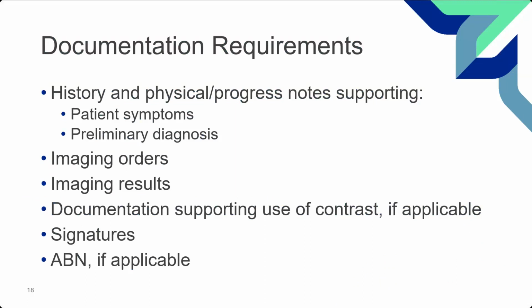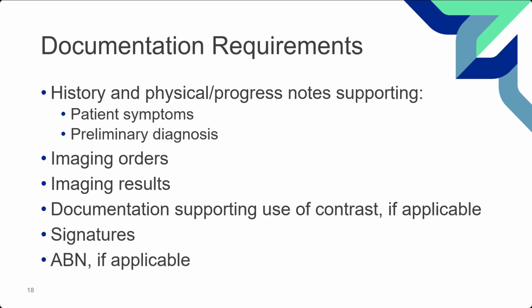This slide contains an overall list of the documentation that is going to help support the medical necessity of these services. This is where you can see that Part A facilities and Part B providers must work together, because some of the documentation to support the overall necessity of the service being provided at the facility must come from the physician's office at times.